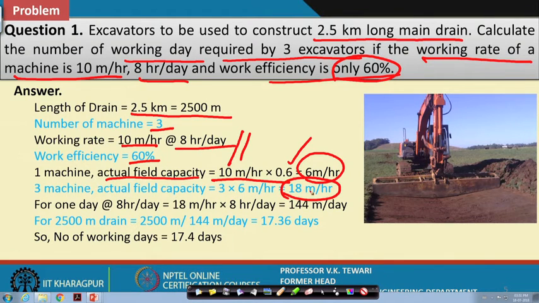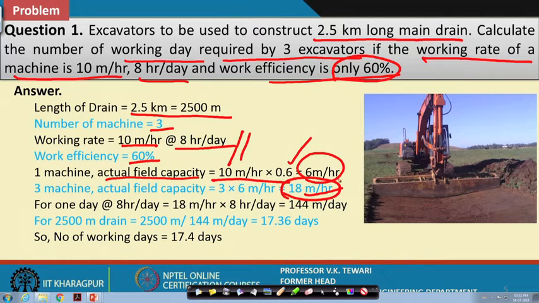This is the total excavation work being done by these 3 machines, 18 meter per hour. Maybe the total volume being carried could also be expressed in these terms, depending on what you want to say.